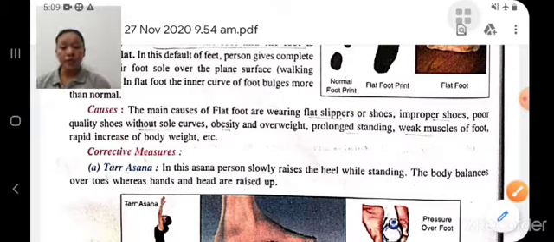Other causes are obesity or overweight, and prolonged standing. If you stand for a long time, or if your foot has weak muscles, or there is rapid increase of body weight, these are the causes of flat foot.